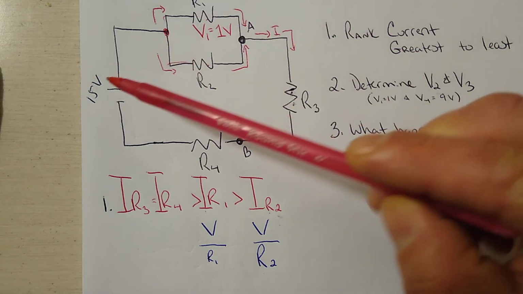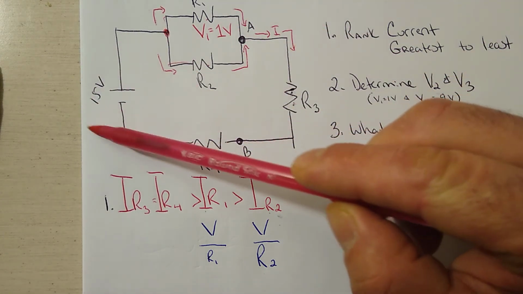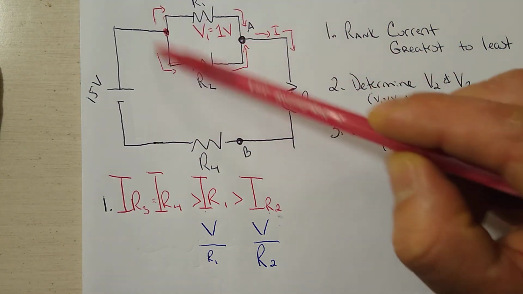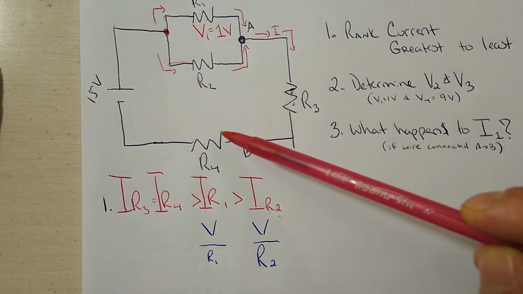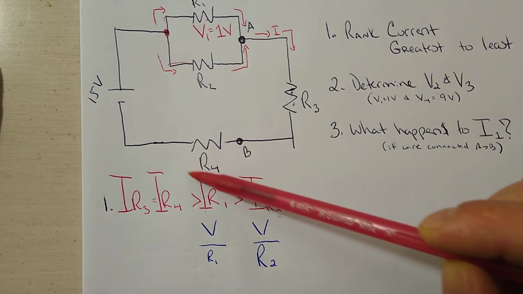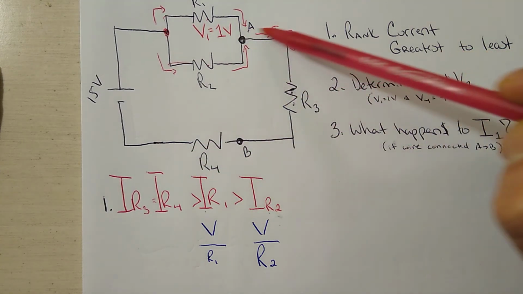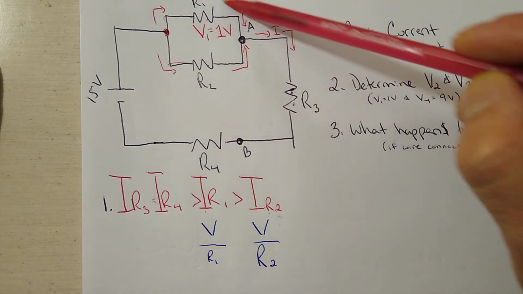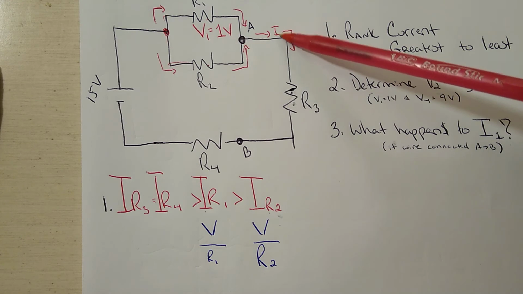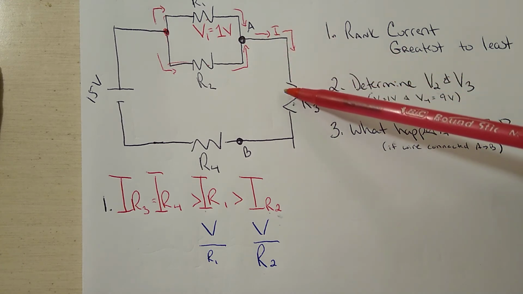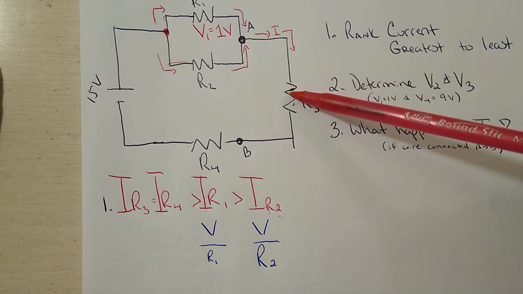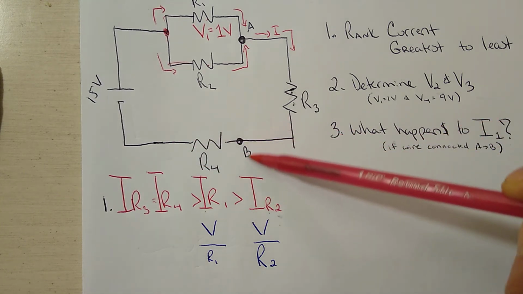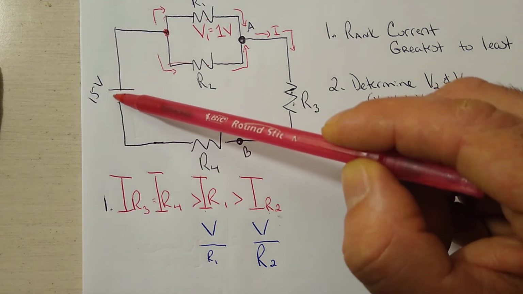Okay, so there's 15 volts total to this circuit, and one of it goes to these devices. 9 of it goes to this device. And so we know that we have to add up all the voltages in series, right? So the 1 volt here that is in series with R3 needs to be added together. And that needs to be added to the voltage across R4, which is in series, to get the total of 15.